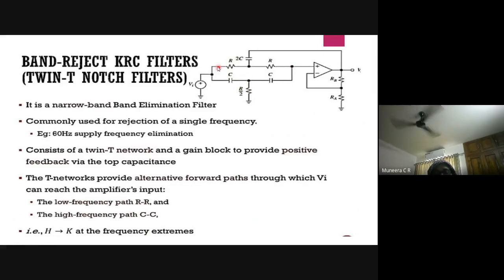At the center frequency both paths allow the signal, but they are out of phase with each other, so that the signal reaching here is equal to 0. One path leads while the other path lags, so in effect the signal reaching here is 0.